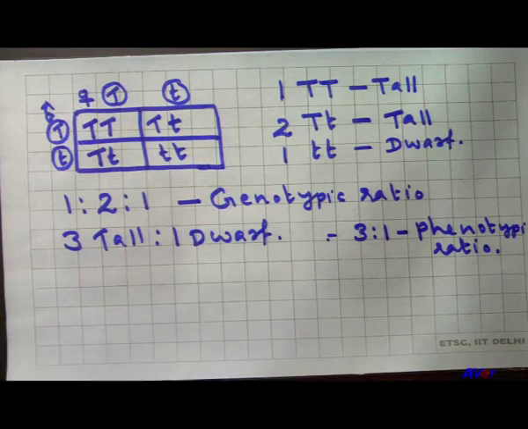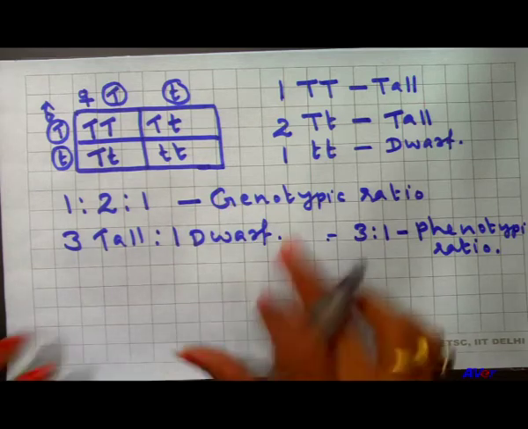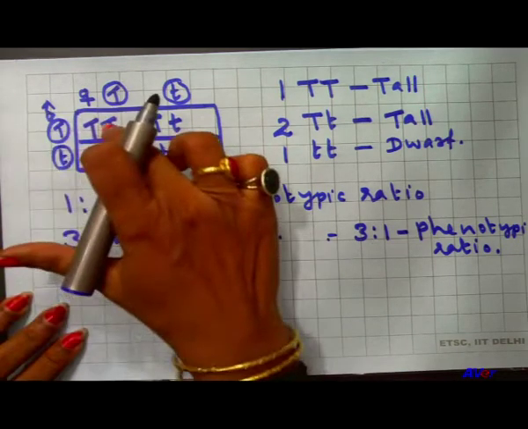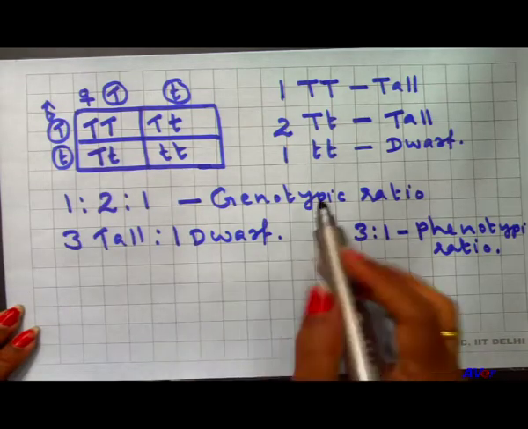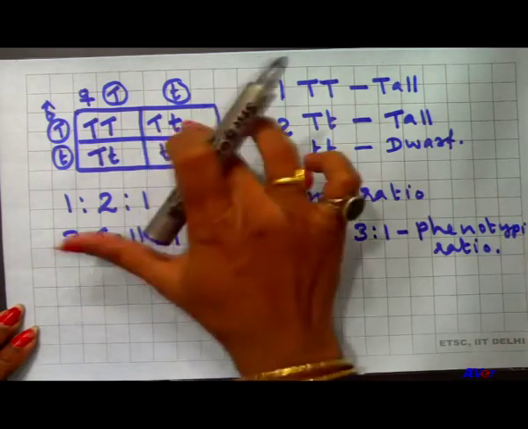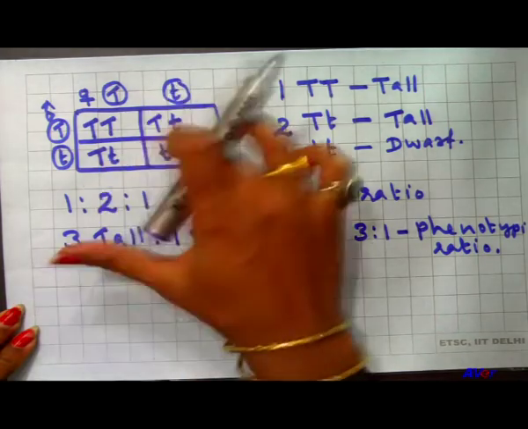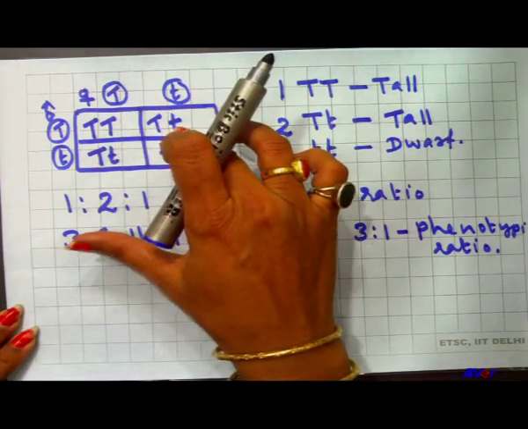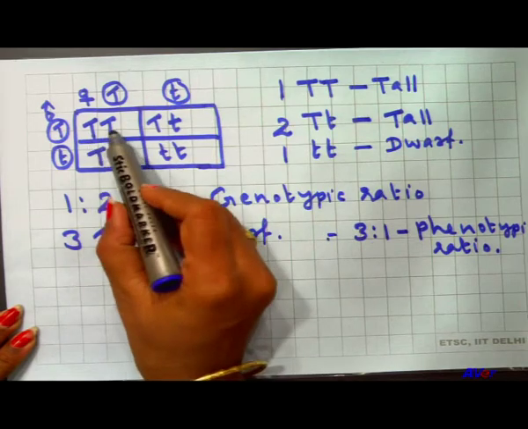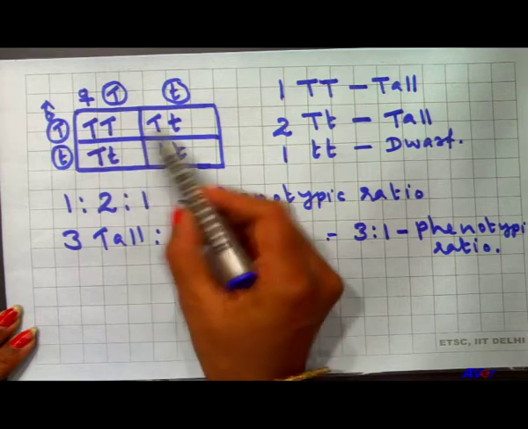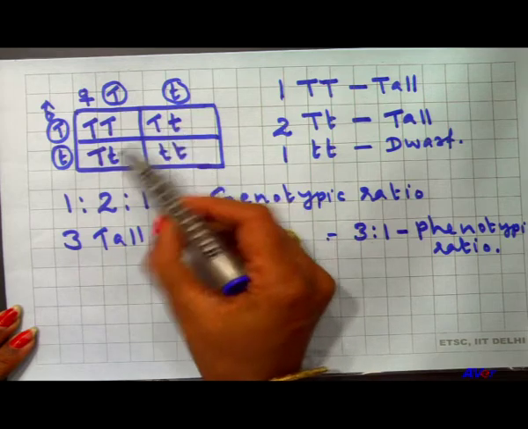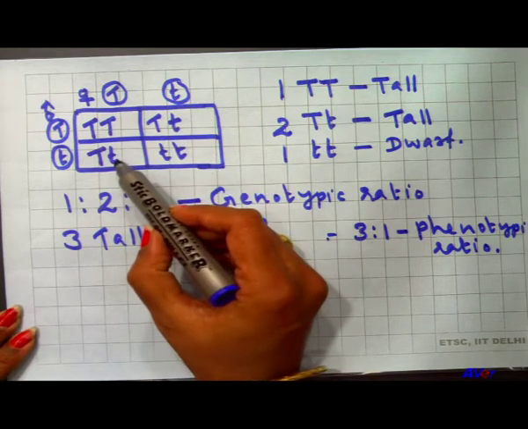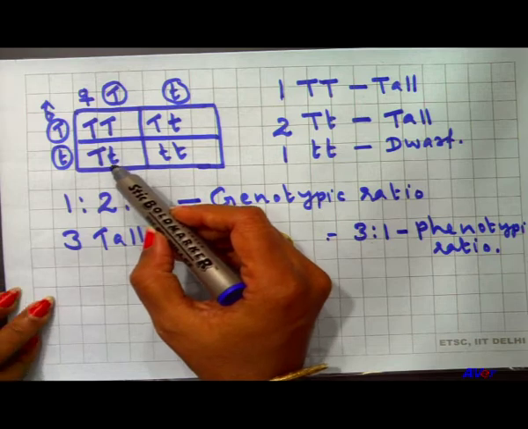Now, accordingly, here you can see this particular tall individual and this particular tall individual. There is difference in its allelic constitution. This is having similar alleles, so homozygous, and these two are having different alleles, dissimilar alleles, so they are heterozygous.